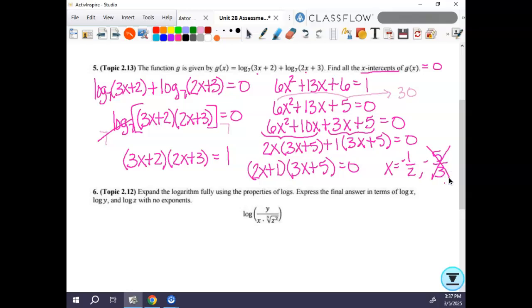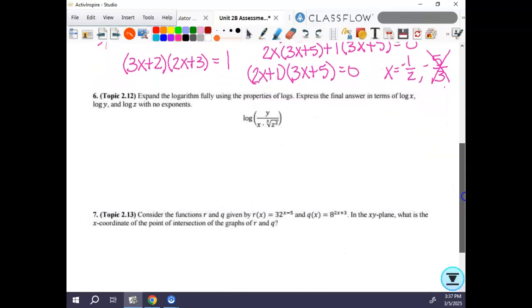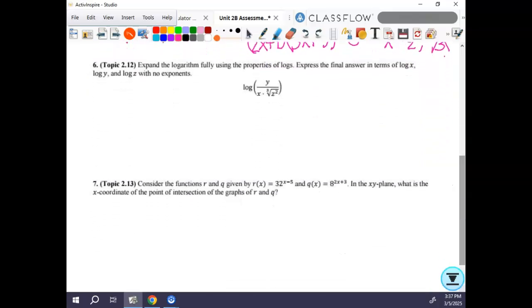Okay. Now we are going to expand the logarithm fully using the properties of logs. Now this whole idea of fully is important here. Express your final answer in terms of the log of x, log of y, and log of z. No exponents. When you split these, I highly suggest you start by doing just the splitting all in one step.